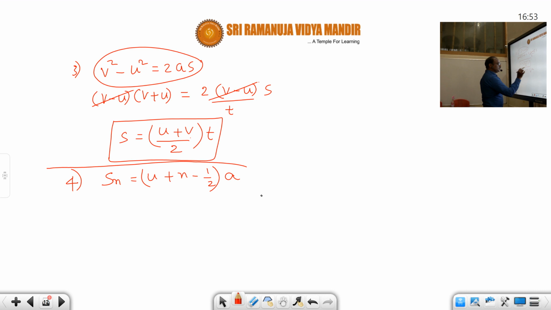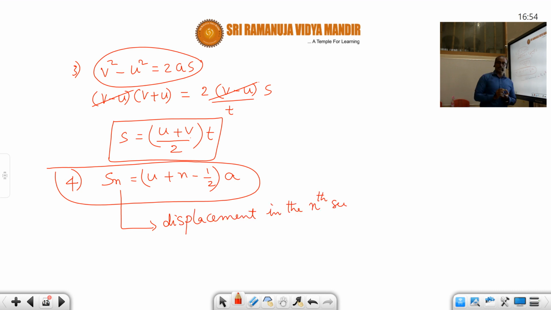Sn means displacement in the nth second, that is, displacement in a particular second. That means what is the displacement traveled in the first second, in the second second, in the third second. For a particular second, if they are asking to find the displacement, then we use this equation.